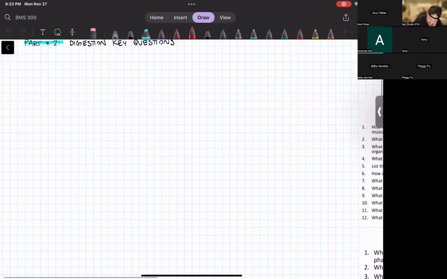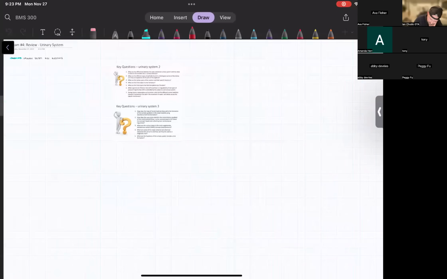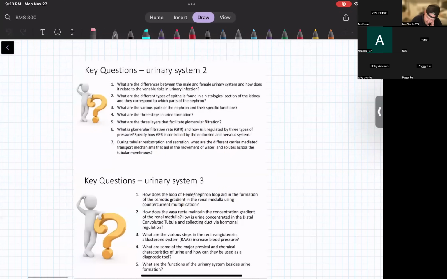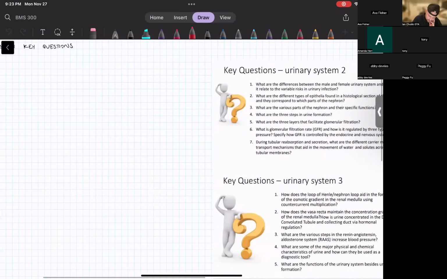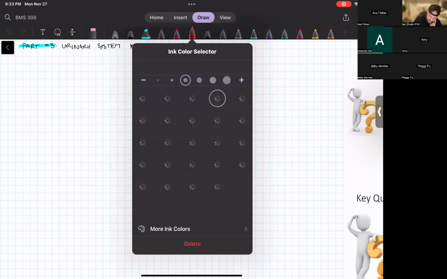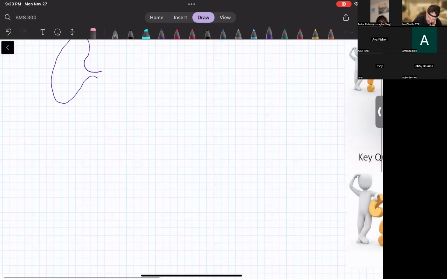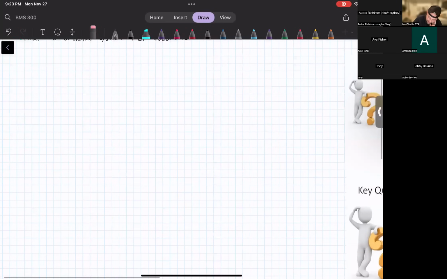So urinary, pretty straightforward actually. If we think anatomically about the urinary system, we'll just draw one side. So kidney, obviously important. Let's just do all of the anatomy really fast because that will help us later on.